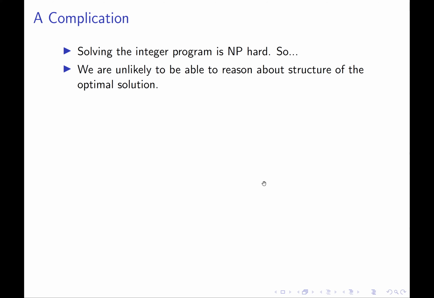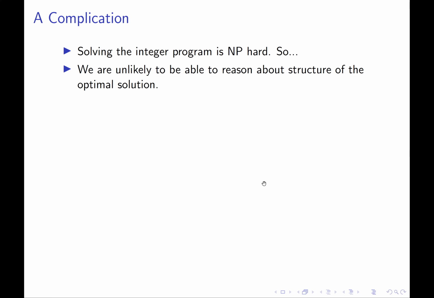One obstruction to coming up with an approximation algorithm and proving that something's an approximation algorithm is that we really need to be able to somehow get a handle on the structure of an optimal solution. Because ultimately, if I'm going to prove that some algorithm is a two approximation algorithm, I need to prove that whatever solution my algorithm comes up with achieves the objective value within a factor of 2 of the optimal objective value.